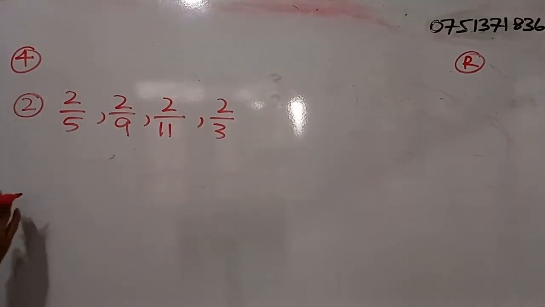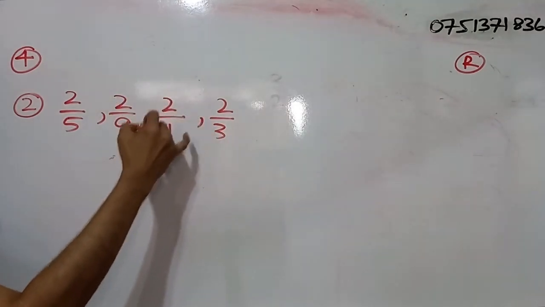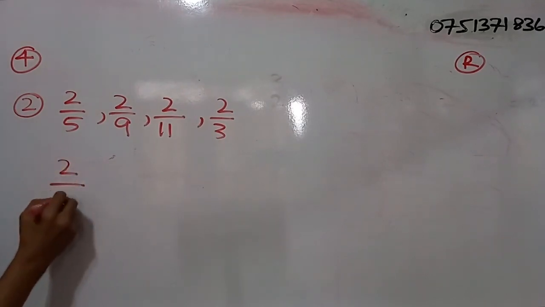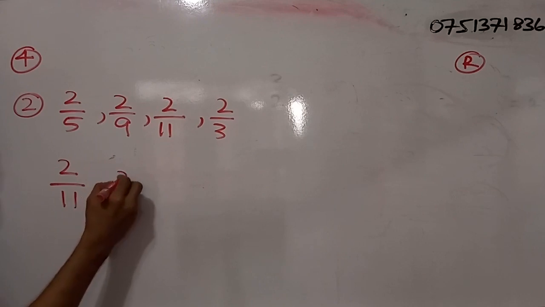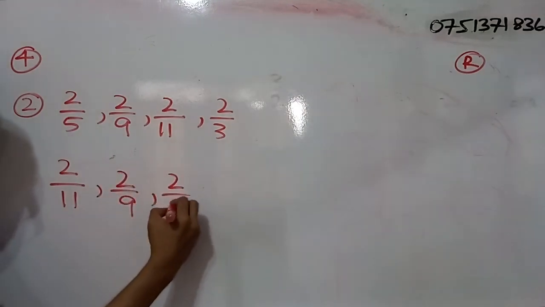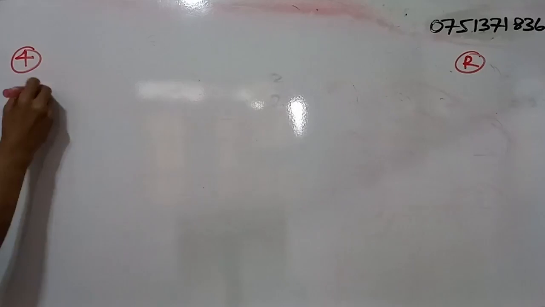So just as before, here 2 by 11 and the denominator is 11, no? So that is the largest number. So in fractions, that is the smallest fraction, 2 by 11. Then 2 by 9, then 2 by 5, then we have 2 by 3.